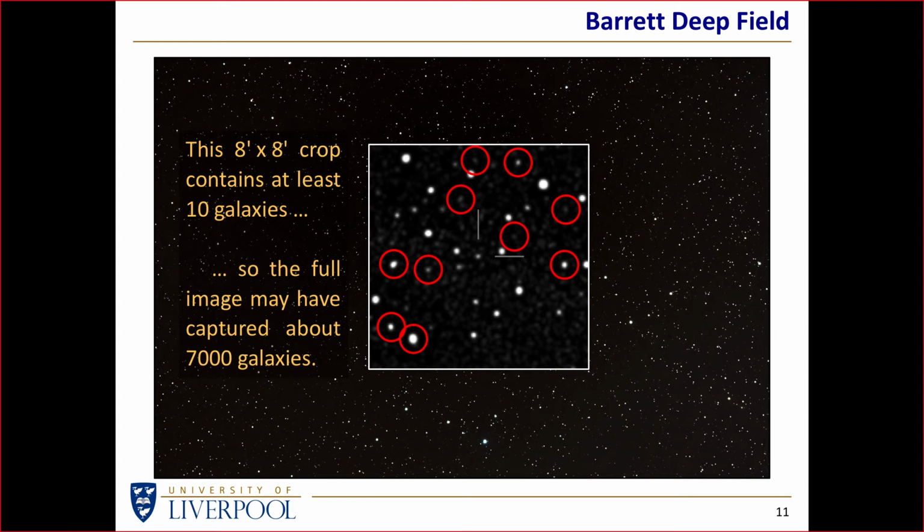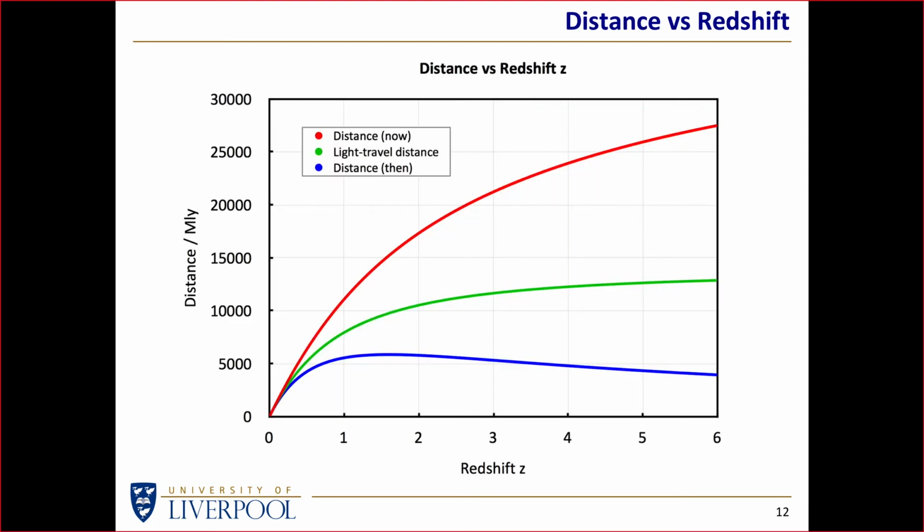Let's have a look at some numbers. I've said that this particular object has got a redshift, as measured by these professionals, of about 4. And we can convert from redshift to distance. One thing you have to bear in mind with cosmology is that when you're looking at very remote objects, very distant objects, you can't actually measure how long the light has taken to reach you.